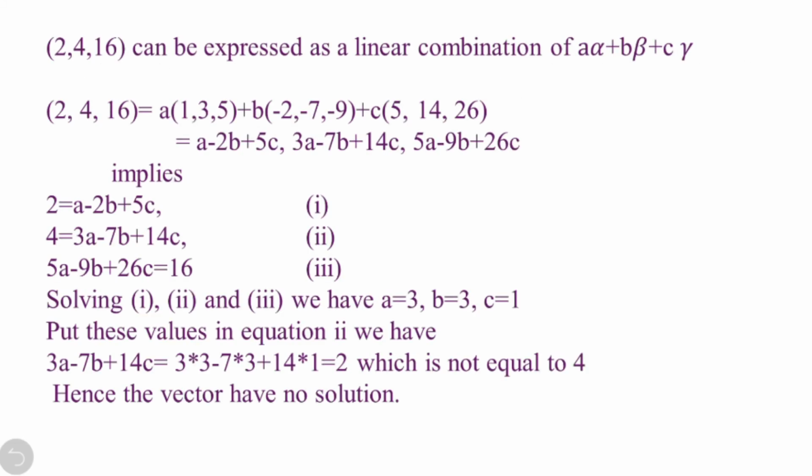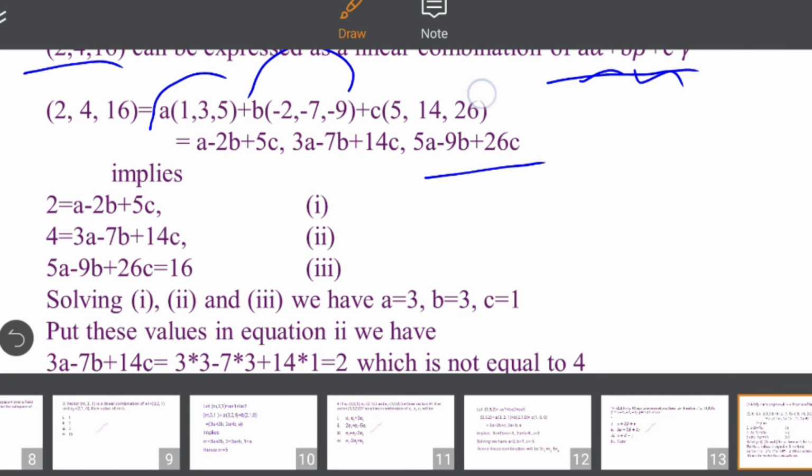We have to express (2, 4, 16) as a linear combination A alpha plus B beta plus C gamma, and then find the values of A, B and C. It will come out as A minus 2B plus 5C, second term 3A minus 7B plus 14C, and third term 5A minus 9B plus 26C.